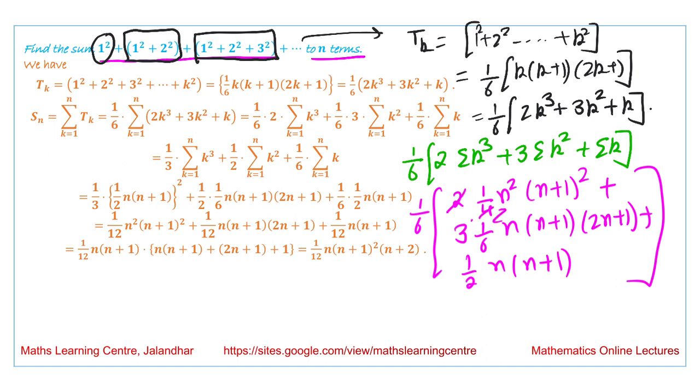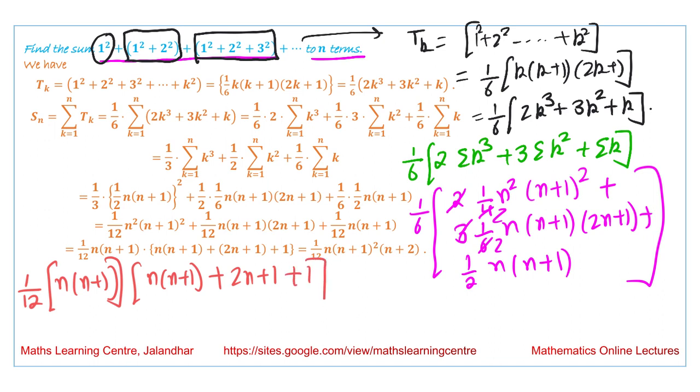Now this is 1 by 2, this is 1 by 2 and this is 1 by 2. If we take 1 by 2 common, and n into n plus 1 common, we are left with n into n plus 1 plus 2n plus 1 plus 1.